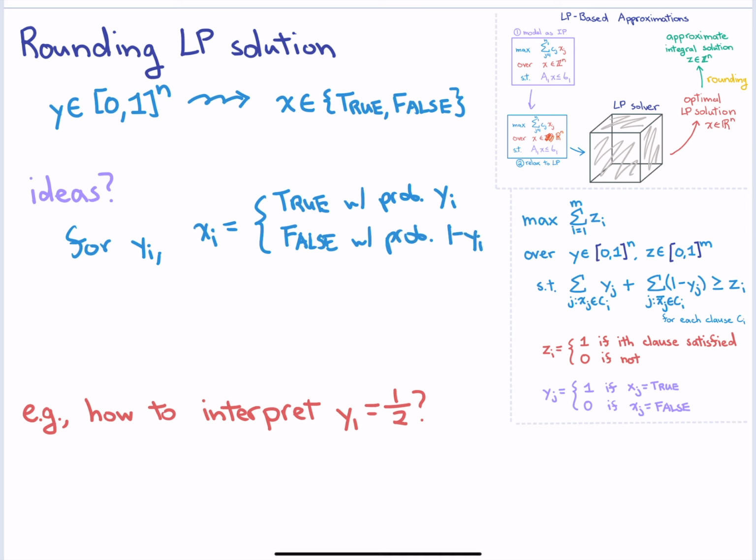So that's one approach, right? I can treat each of these yi's as a fractional value and interpret it as a probability. Any other ideas?